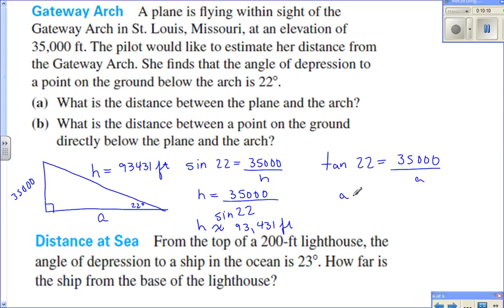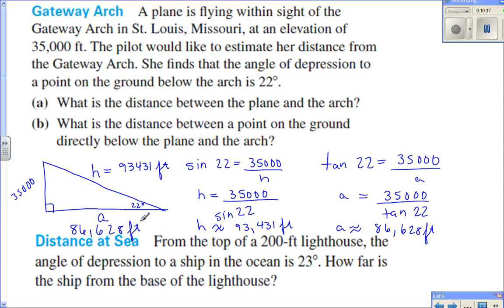So these again are just going to switch places, because we're going to multiply both sides by a and divide by tangent of 22. And when we do that, we get approximately 86,628 feet.